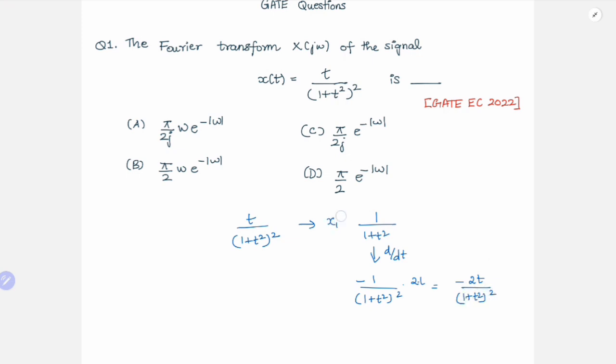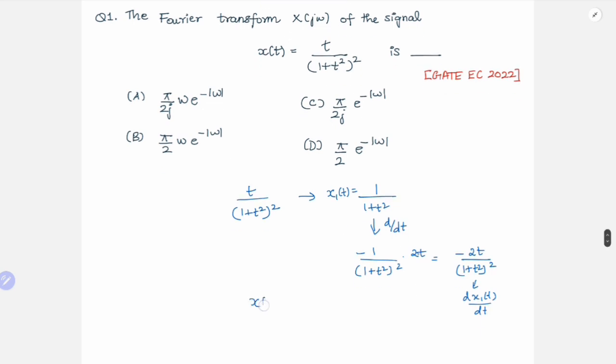So if I call this as x1 of t, so this is dx1 of t by dt, and my x of t is nothing but minus 1 by 2, right? Minus 1 by 2 dx1 of t by dt.